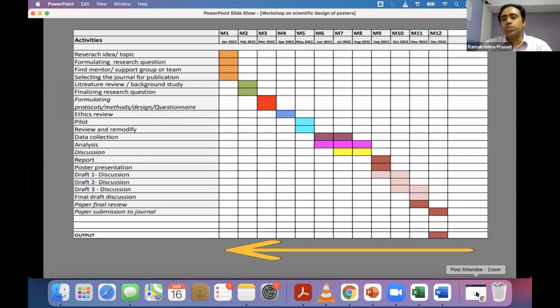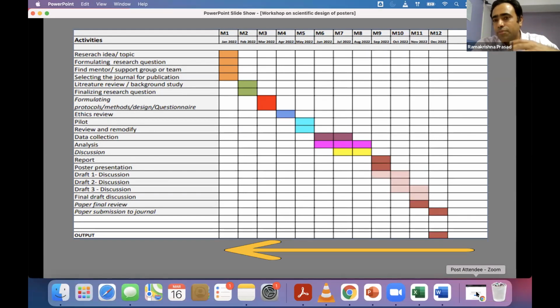I want you to think about this: in doing any research study or project, there are a number of steps. First of all, you have to arrive at a research idea or a topic. This topic may be something you arrive at in discussion with your mentor or thesis guide, or even independently. Then you have to frame that as a research question which is answerable.